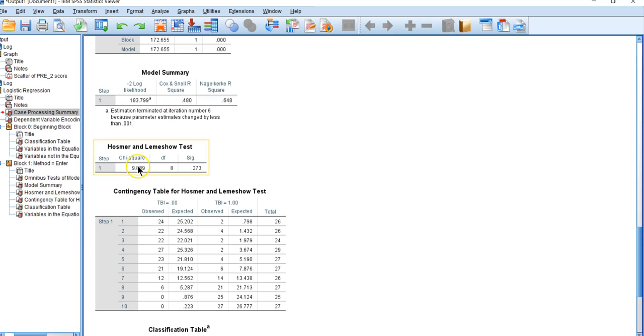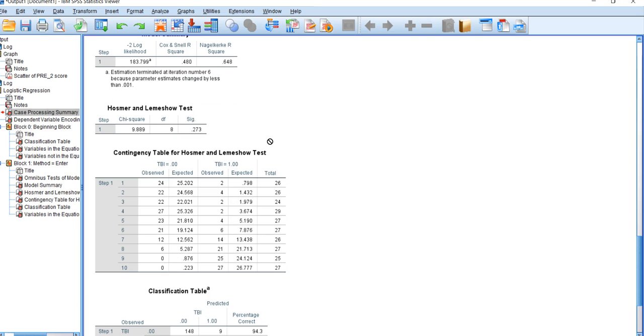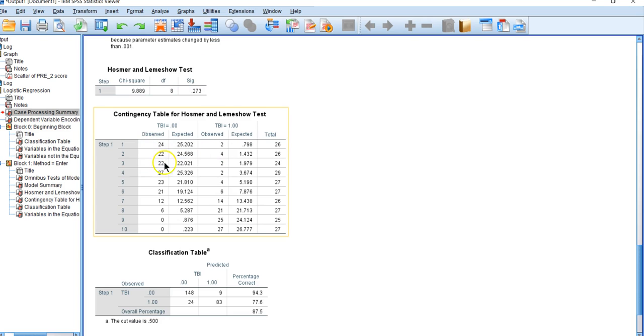The Hosmer-Lemeshow test breaks the scale down into pieces, and the idea is if any one piece is weighting the whole thing, this will be significant. The fact that it's not significant is a good sign. So we don't want the Hosmer and Lemeshow test to be significant. That would reject our model of being a good fit. And this gives the contingency table of telling where everything is.